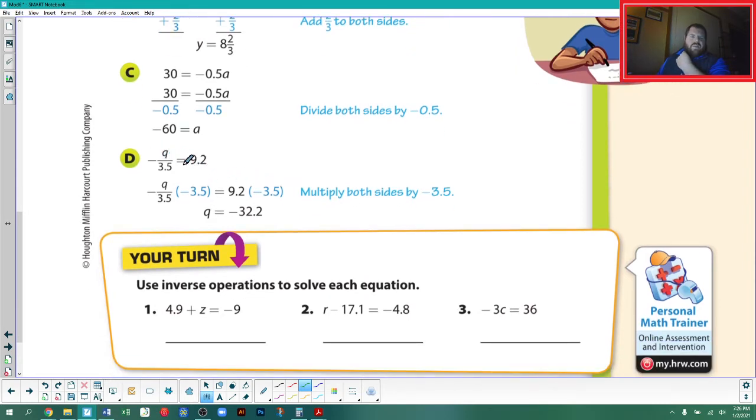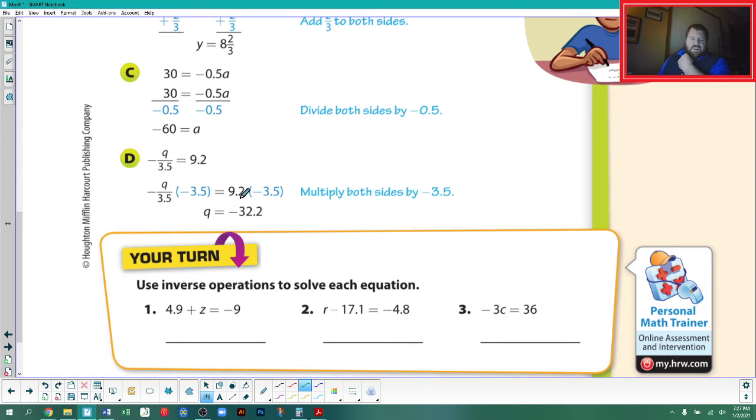Yeah, that's a weird question. That's a weird way to write that. Negative q over 3.5. You can think of that how you will. I know that I have division happening here, and I should multiply to undo that division, which is great. Now, with that negative being out in front, I don't typically think of that negative being part of the denominator.